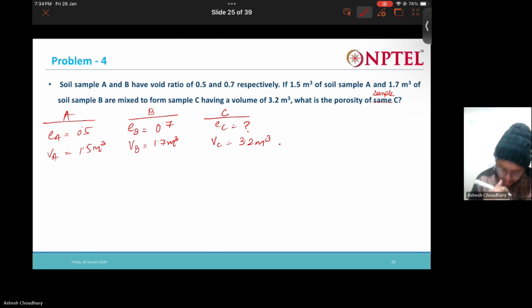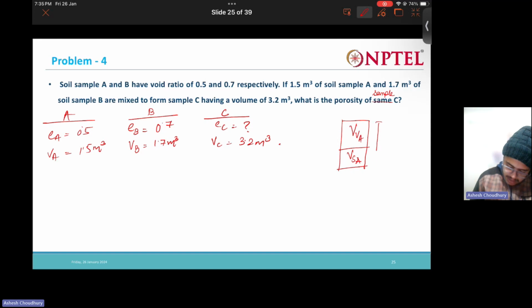Now say for A, this is the volume of solids of A, and this is the volume of voids of A. This is the total volume. So what is the void ratio? Void ratio definition, volume of voids by total volume.